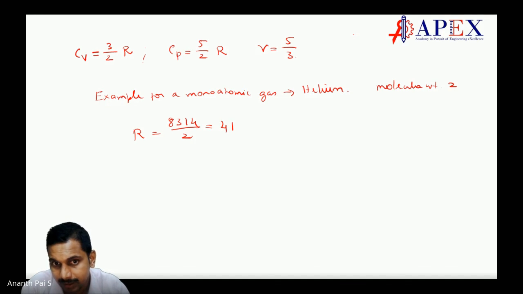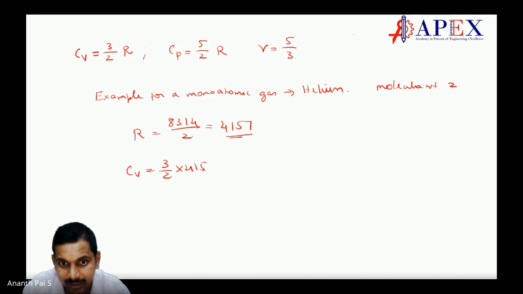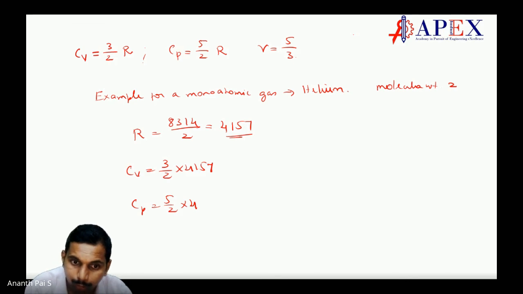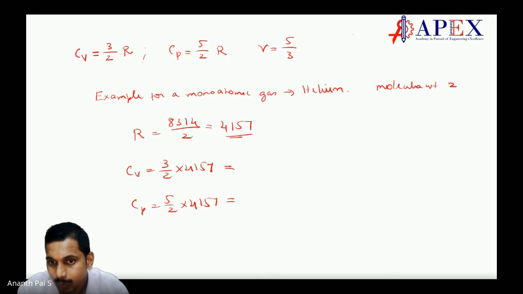Correct. That is R. What is Cv? Cv is 3 by 2 into 4157. Cp is 5 by 2 into 4157. Whatever answer you get for helium. What is gamma for helium? 5 by 3, that is 1.6667 for helium. Very important.